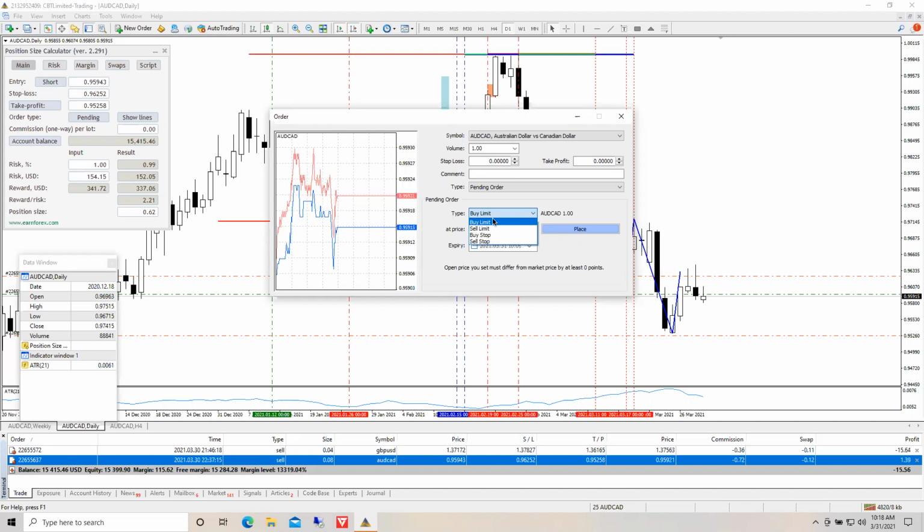Right. So hopefully, guys, it has enlightened you a little bit more about the order types. We get three categories, which is market execution, limit, and stop. And obviously, those can all be done in buy or sell directions.